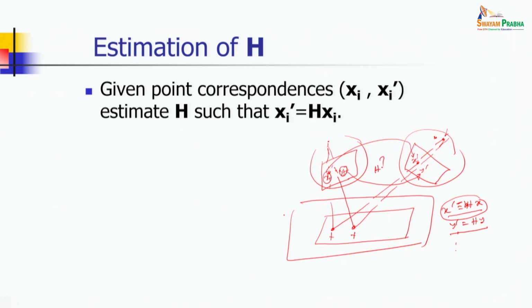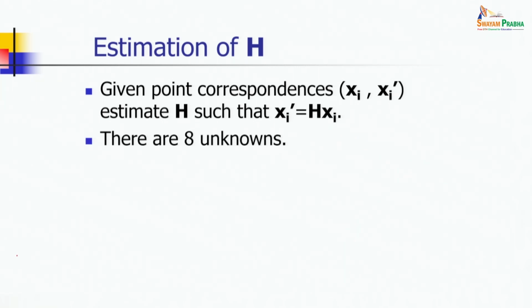So you have 8 unknowns and need 8 equations. Which means 4 point correspondences can give you the required set of equations to provide H. So a minimum of 4 point correspondences are required to estimate H. That is the conclusion from this observation.